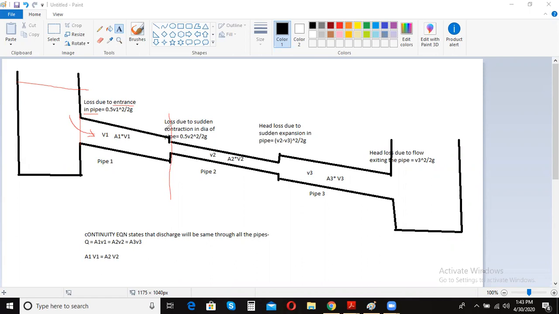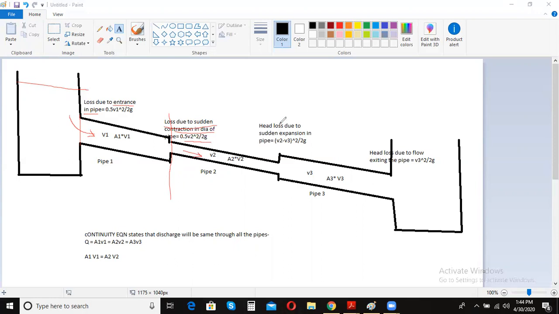It is loss due to sudden contraction in the diameter of pipe, and it is given as 0.5 V2 square by 2g. V2 is the velocity of flow in this pipe.